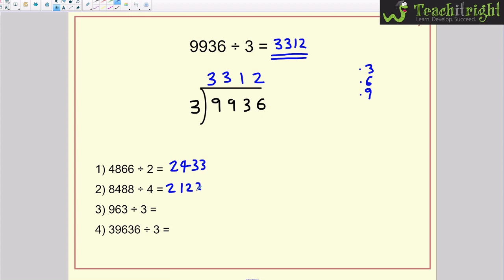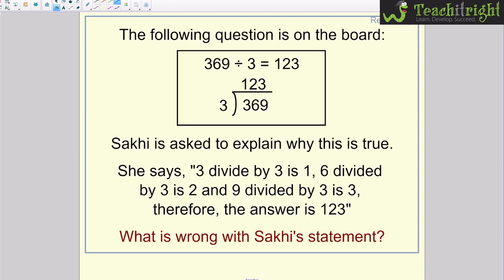For 963 divided by 3, we're going to have 321. And for the last one, a bit of a challenge, 39,636 divided by 3, we're going to have 13,212. And those are the answers to those. So please give them a mark for me, and then we'll move on to the harder questions.